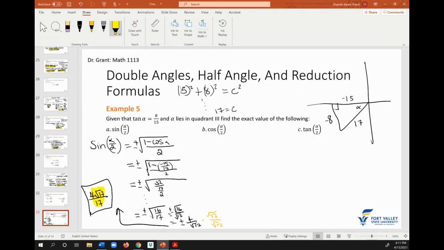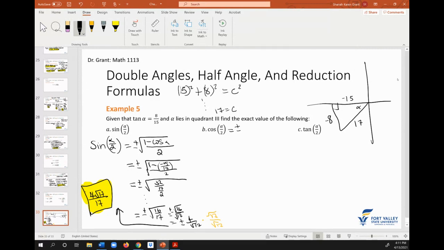So with these problems, you definitely want to simplify as much as possible and go as far as possible. And we'll be doing the same thing for cosine. Just to make note, remember we have two possibilities, plus or minus.